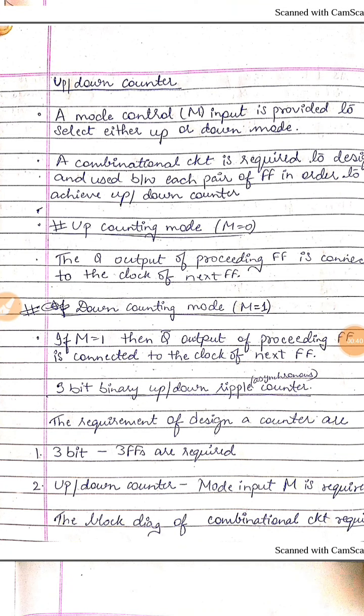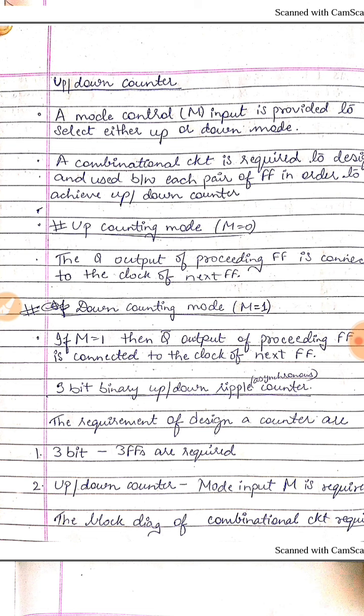So we have already seen the up counters and down counters. In up counters we use asynchronous clocks in which the clock pulse is applied to the first flip flop and then the output of the first flop is used to feed the clock pulse of the second flip flop, and then the subsequent outputs are used, the uncomplemented outputs, that is QA, QB, to the clock pulse of the next flip flop.